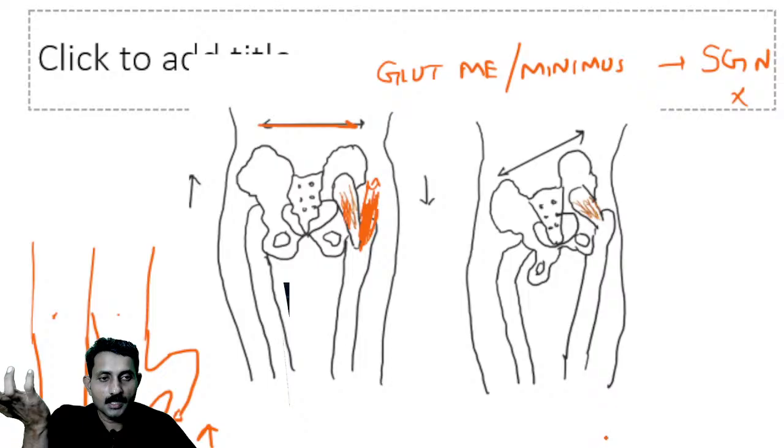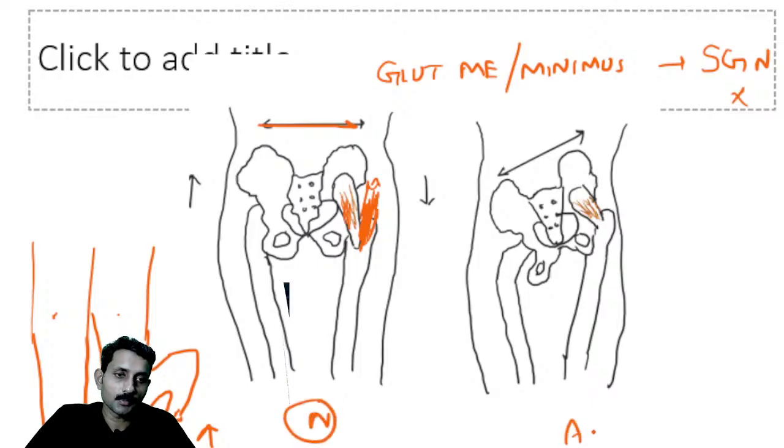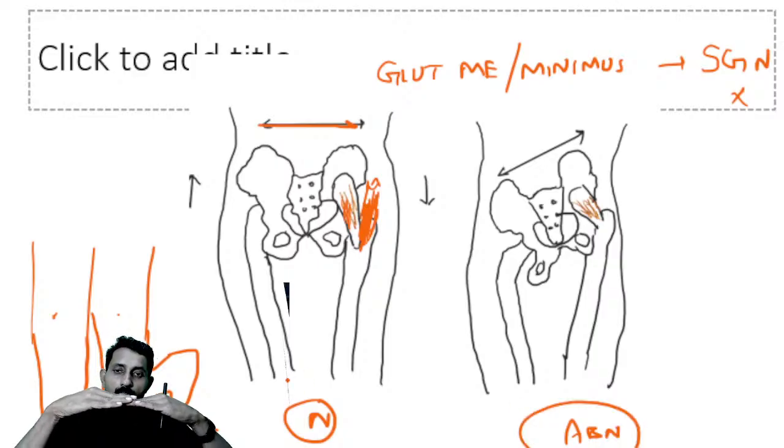Now if this person lifts his left leg, what will happen? The pelvis will tilt like this. If there is a pelvis tilt on lifting the leg, it is called the Trendelenburg sign. Okay, this is normal, this is abnormal, this is normal, this is abnormal. So normally the gluteus medius and minimus will keep the pelvis in a horizontal position during the lifting of legs.